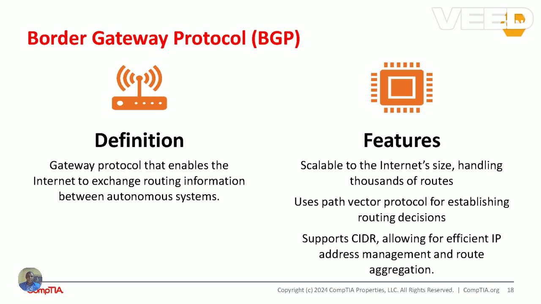Some of its features are that it is scalable to the internet size, handling thousands of routers, and uses a path vector protocol to establish routing decisions. It supports CIDR, which I mentioned in my previous tutorial, allowing for efficient IP address management and route aggregation. So these are the types of dynamic routing protocols that have been mentioned.